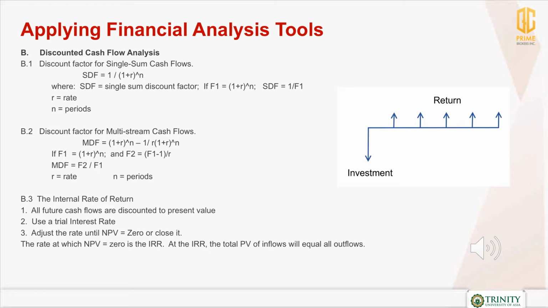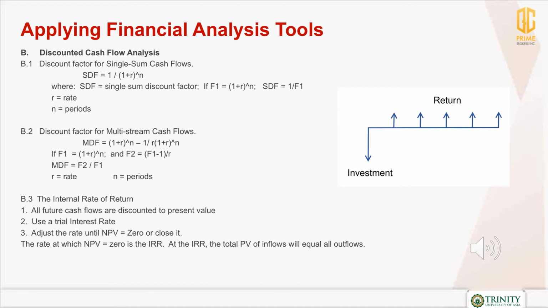And if F1 is equal to 1 plus R raised to the n, remember that F1 is our compounding or future value factor, the SDF is equal to 1 over F1, where R is equal to the rate and N is equal to the periods.